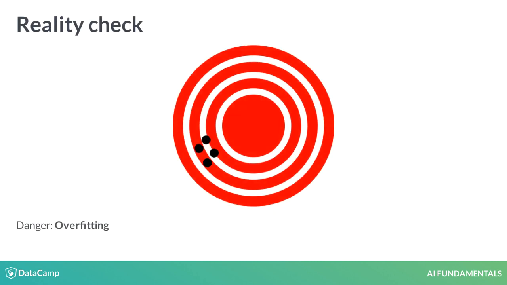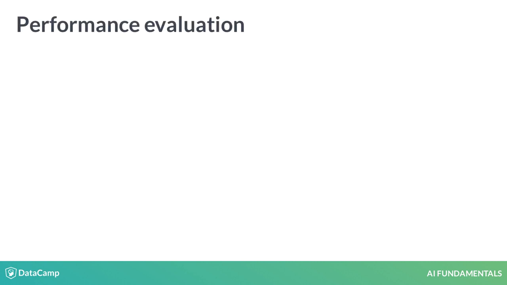And before we start using our model, we need to check if its predictions are actually hitting the target, but also whether it actually understands the patterns in the data or if it's just memorizing them, which is a problem called overfitting. We mainly want to see how the model performs on examples it didn't see during the training phase.